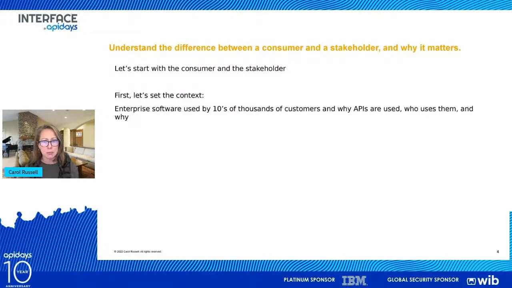So why do they need APIs? Who uses them? And what are they trying to do? I would say most of the time, in our case, they would be trying to extend our solutions. Say you have a travel product and an expense product. That's our specialty, travel and expense.